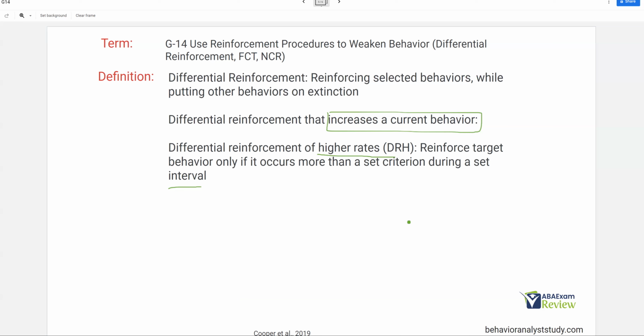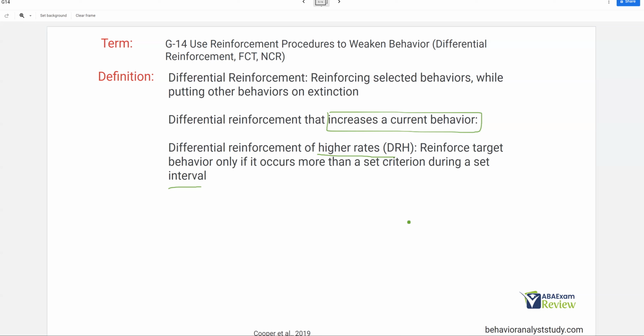If you are trying to increase a current behavior, you're very likely looking for a differential reinforcement of higher rate strategy. If you're trying to decrease a behavior, then you can look at the DRO, the diminishing, and the lower rates. And going down that checklist, you're going to start to eliminate different options until you only have maybe 1 or 2 left.